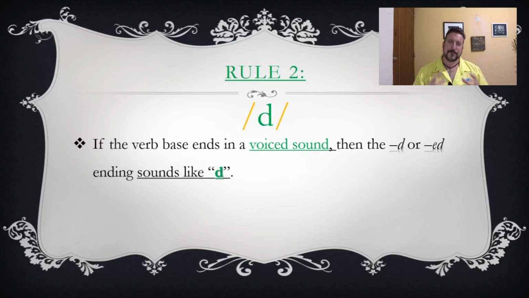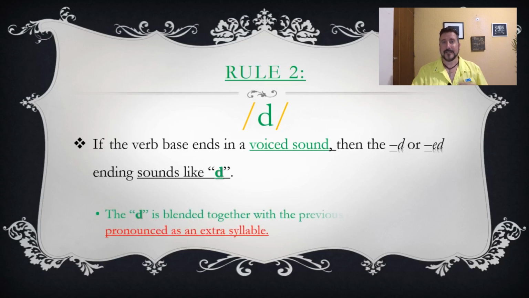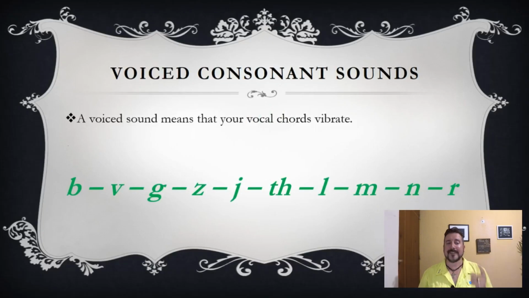If the base of the verb ends with a voiced sound, when you add the ED, it's going to have a D sound. And just like the T, this D is going to be added to the word. It will not be an extra syllable, okay? A voiced sound means that the vocal cords vibrate.